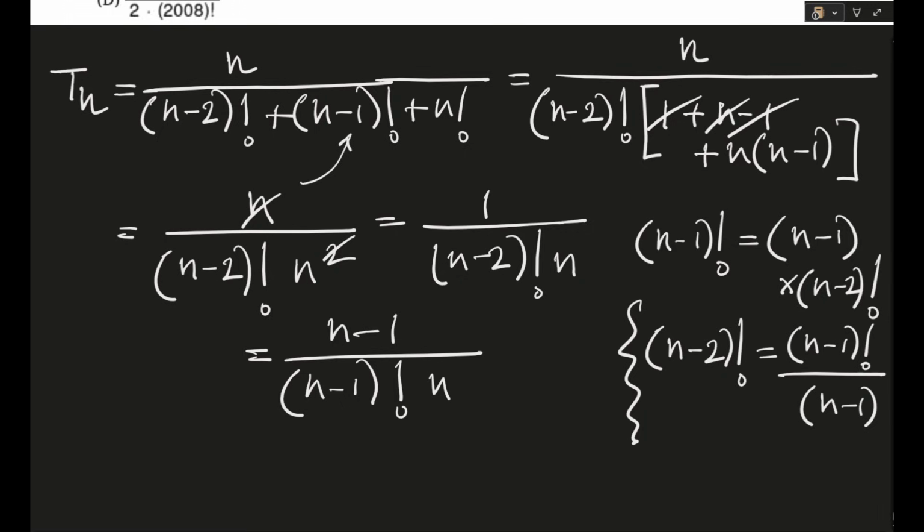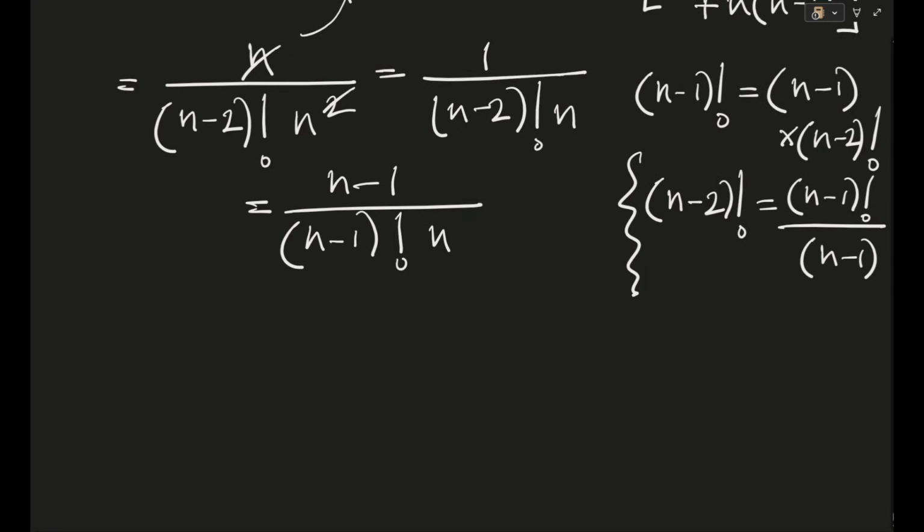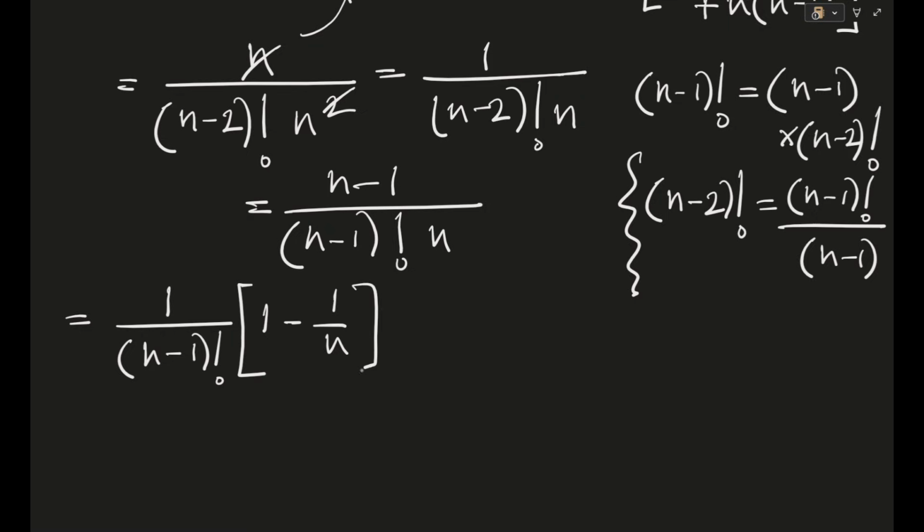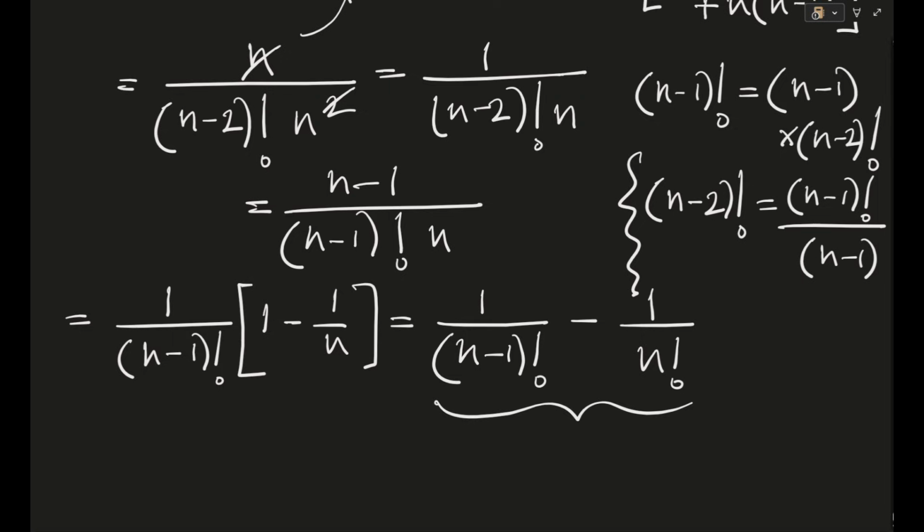The basic advantage of doing this is that we can once again take 1 by n minus 1 factorial common out, and that will give us n minus 1 by n, so 1 minus 1 by n, right? So you can write this as 1 by n minus 1 factorial minus 1 by n factorial. Basically you can see this is now somewhat in the form of a telescopic series.